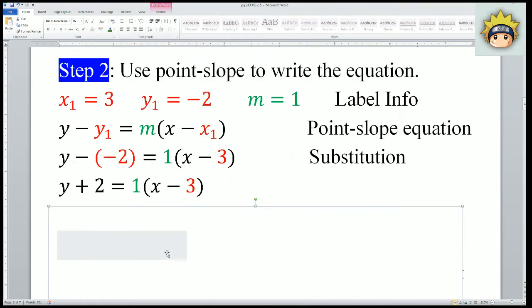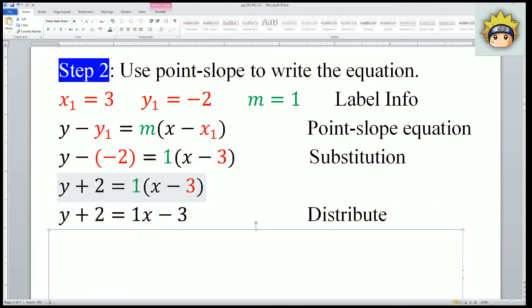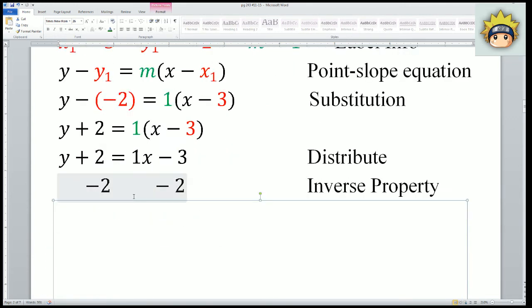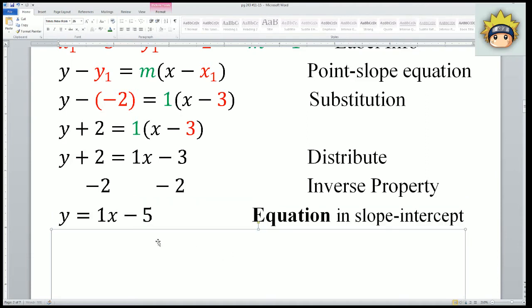I did some simplifying. Subtracting a negative just becomes adding. Then I distribute. 1 times x is 1x. 1 times negative 3 is negative 3. Subtract 2 from both sides. That's the inverse property. Now I get it into slope-intercept form because it looks like y equals mx plus b. My final equation is y equals 1x minus 5.